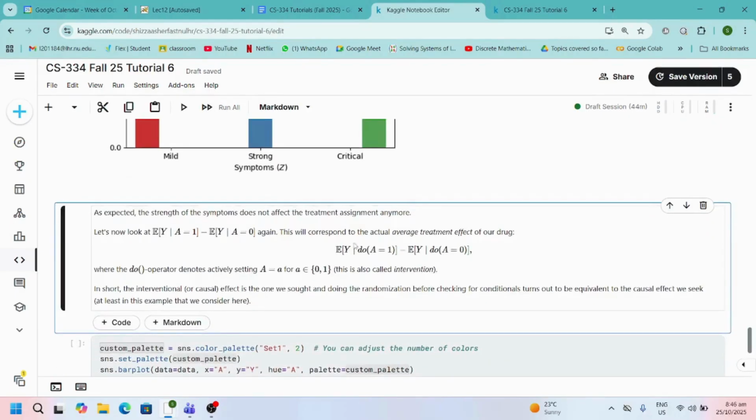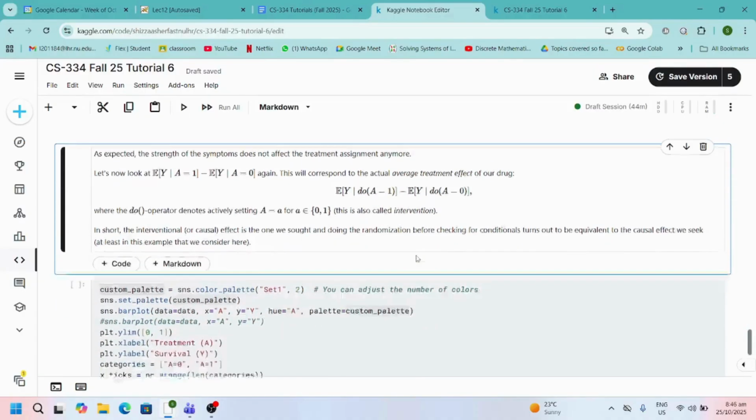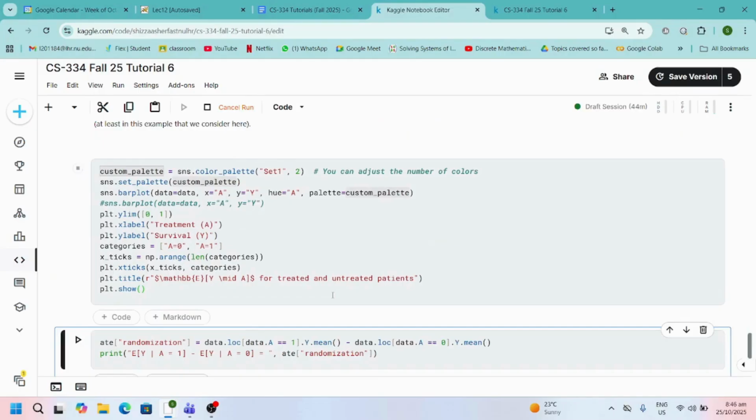And now this is what I will do. I will compute the expected value of Y recovery given that do A equals 1. That is, I intervene, I fix the value of A to 1. What would have happened if I would have administered this treatment, minus the expected value of recovery Y, given that do A equals 0. I intervene and I give no treatment. So let's see.